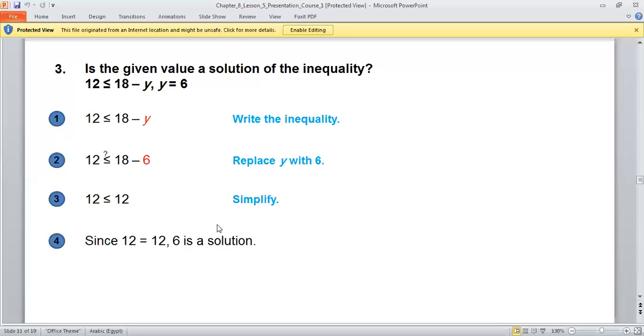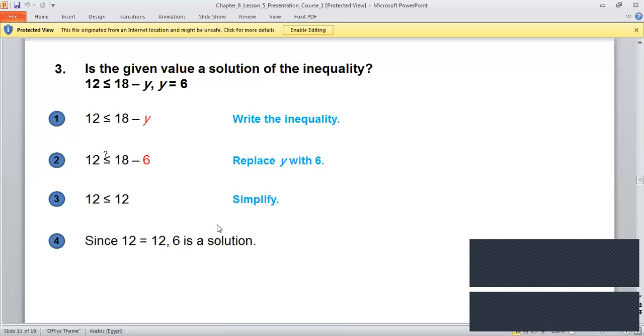Again, Mohammed Al-Anazi, can you read this example, please? Is the given value of a solution of the inequality 12 less than or equal to 18 minus y, y equals 6.